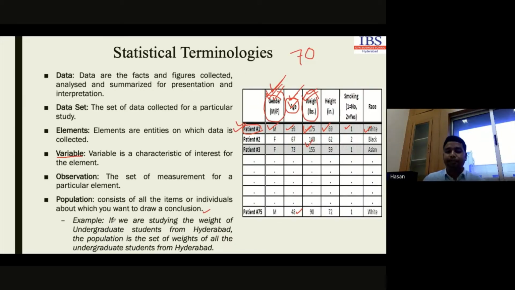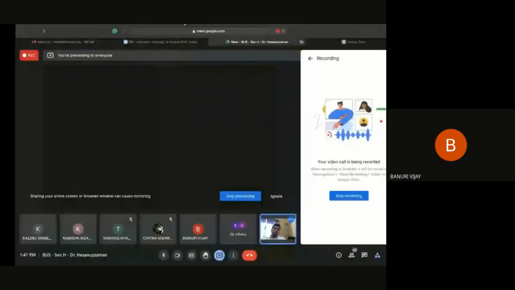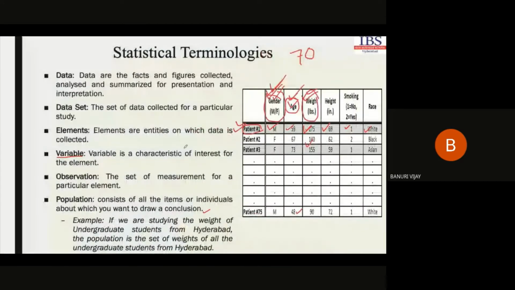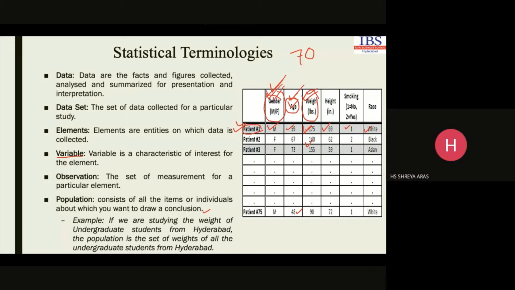Do it fast. Have you done this? Yes, sir. Done.